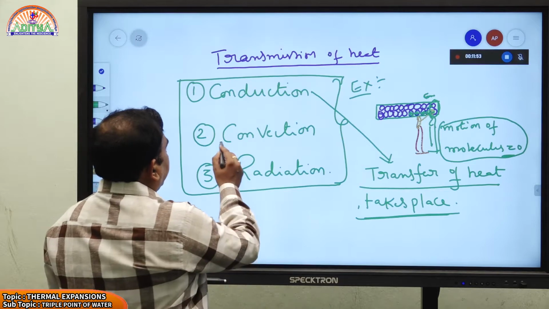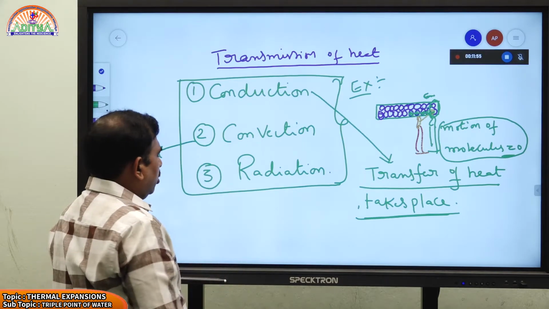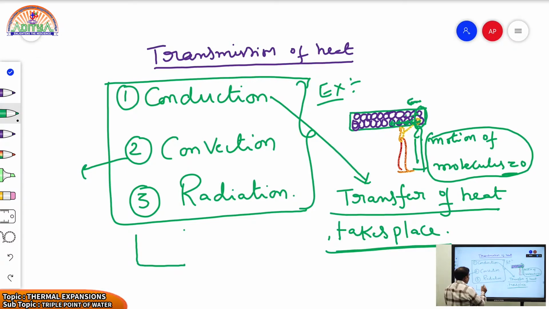Now I will go for convection. Look, I have taken a small vessel like this, which consists of water layers. First layer, second layer, third, fourth, fifth, like that. Now I heat this layer like this. Initially, the first layer will get heat.